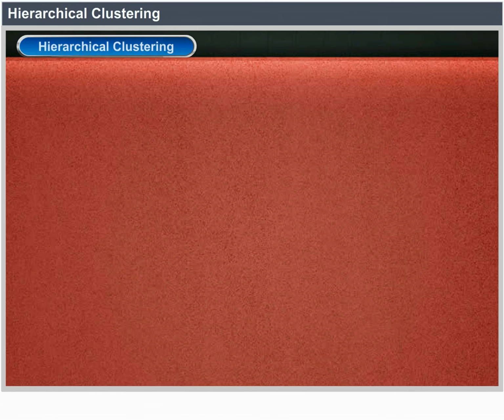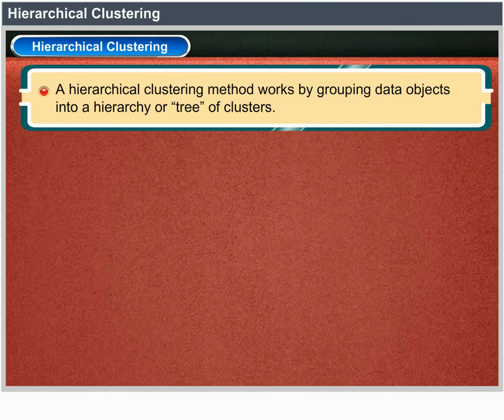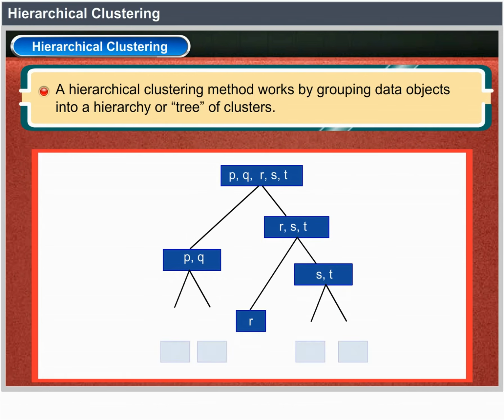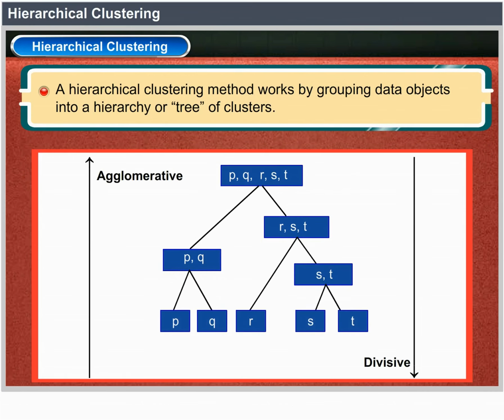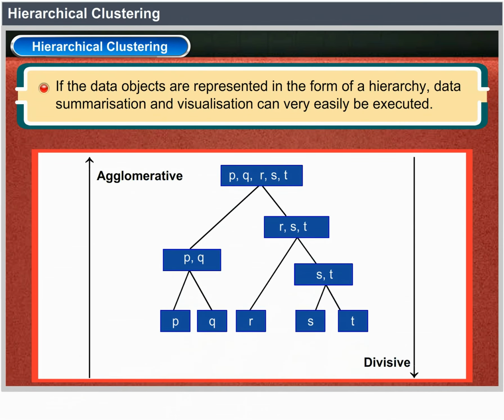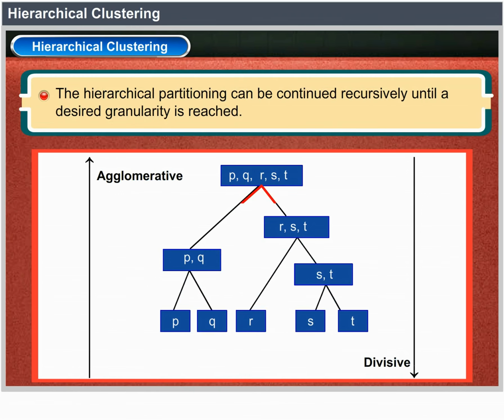Hierarchical clustering. A hierarchical clustering method works by grouping data objects into a hierarchy or tree of clusters. Representing data objects in the form of a hierarchy is useful for data summarization and visualization. The hierarchical partitioning can be continued recursively until a desired granularity is reached.